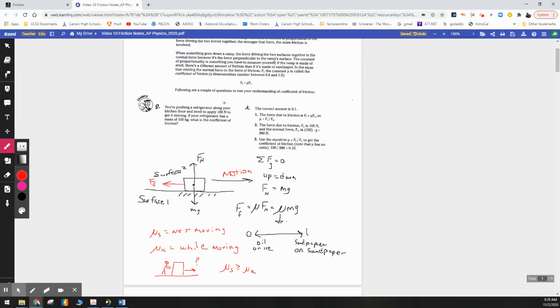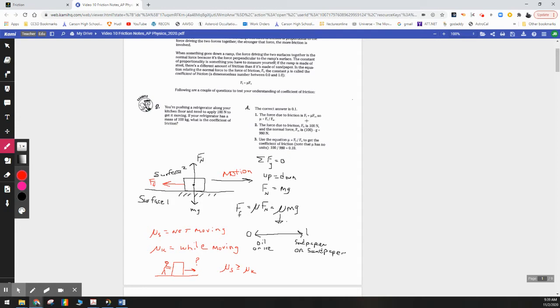Now up here, let's look at this problem. It says you are pushing a refrigerator along a kitchen floor, and you need to apply 100 newtons to get it moving. If your refrigerator has a mass of 100 kilograms, what is the coefficient of friction? It's at rest, so it means it's static friction.